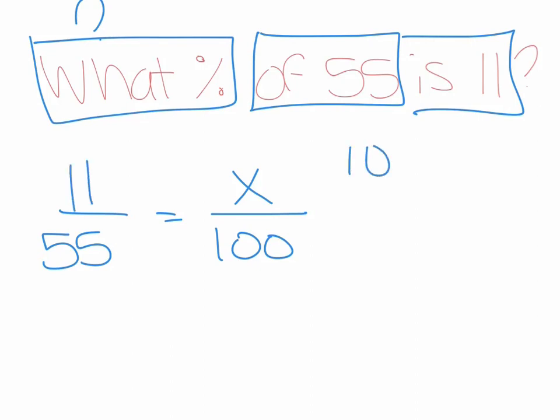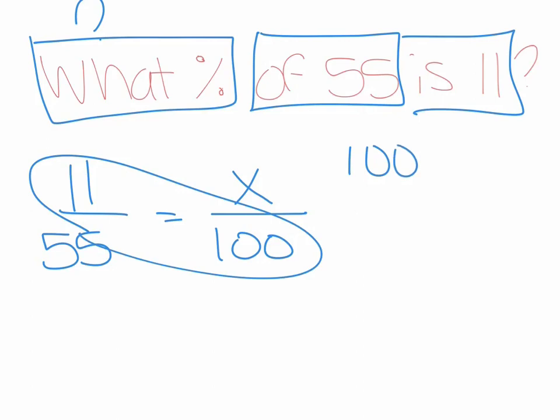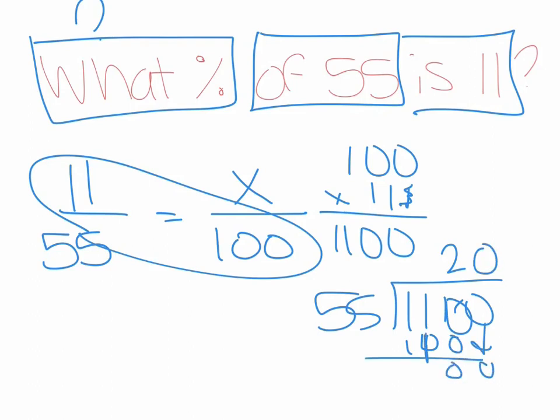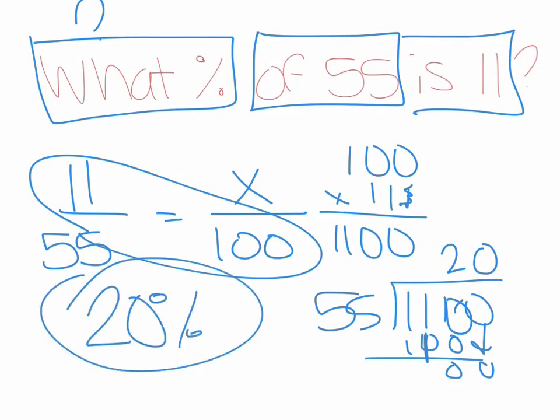I'm going to do 100 times 11. Sorry about that. And that's going to be 1100 divided by 55. It goes in twice. That's 110. Sorry, guys. 0, bring down your 0, so it goes into 0 times. So our missing is 20%.